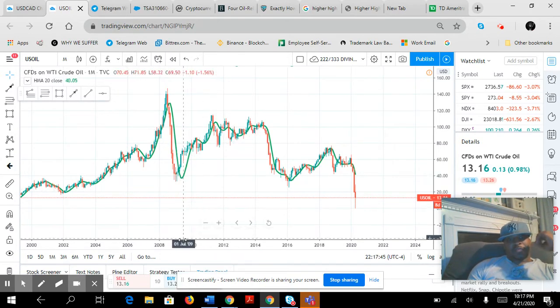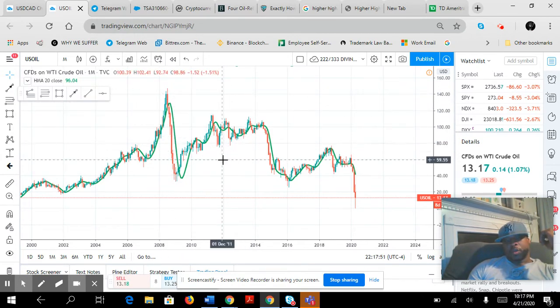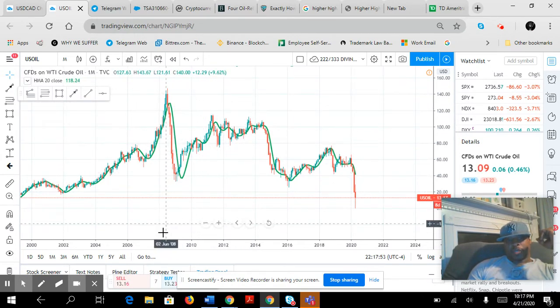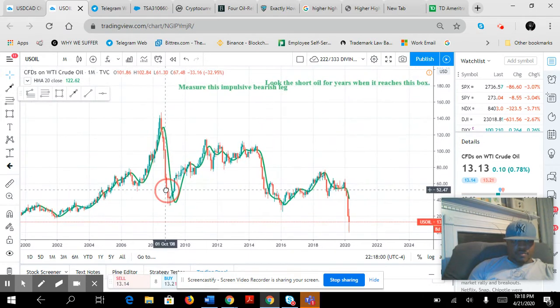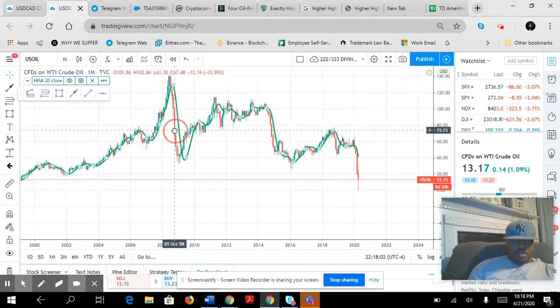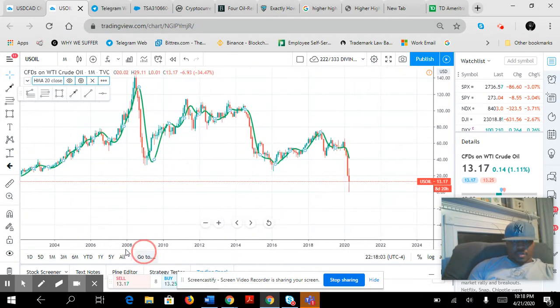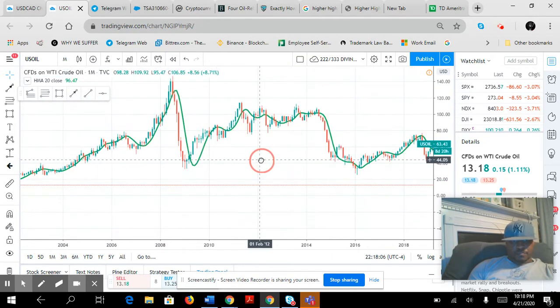Before we can do anything with the Fibs, we must identify a strong trend, or what we call an impulse. You see back here in 2008, right in this area, you see a big, huge drop off.